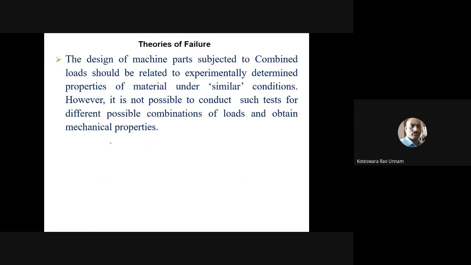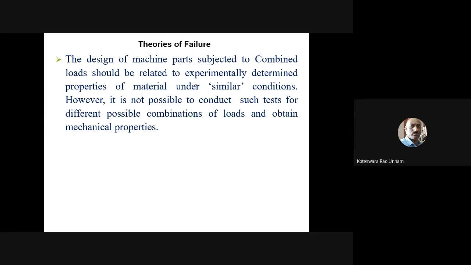Now the design of a machine component subjected to combined loads should be related to the... So here what we need to do is design the components for a combination of loads. To specify whether they are going to fail with the given load or not, one thing we can do is conduct an experiment under actual conditions.